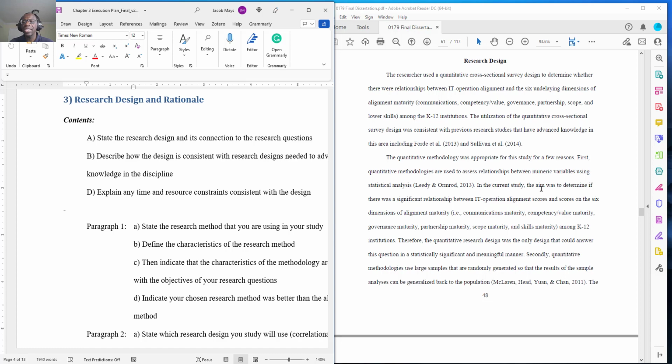In the current study, the aim was to determine if there was a significant relationship between IT operation alignment scores and the scores on the 6 dimensions of alignment maturity. So then they listed one characteristic and then they went on to indicate how that characteristic was aligned with the research objectives. Okay, so that was the formula.